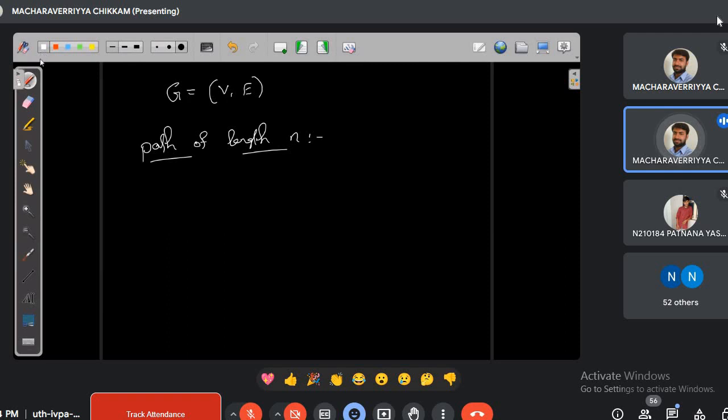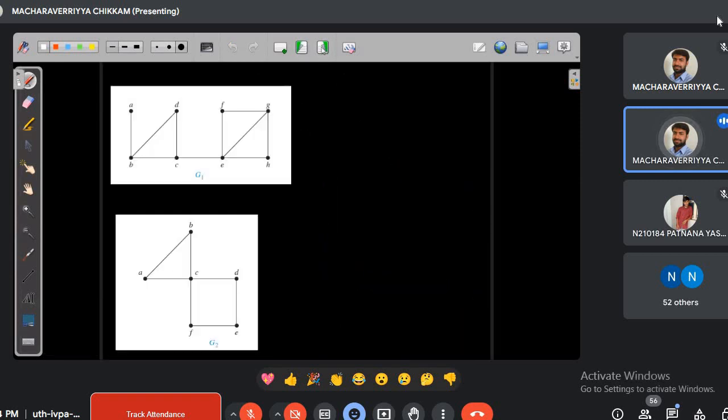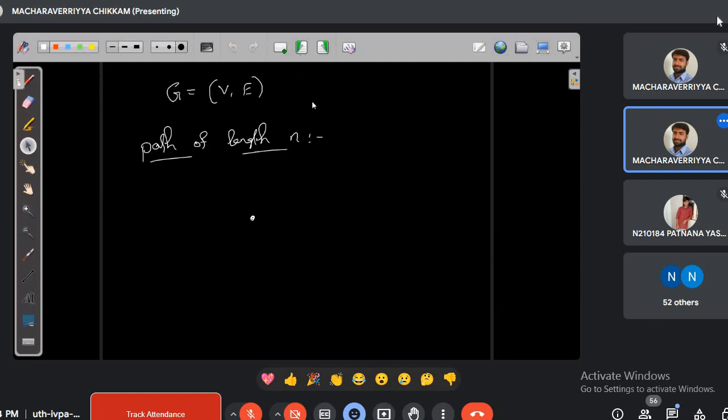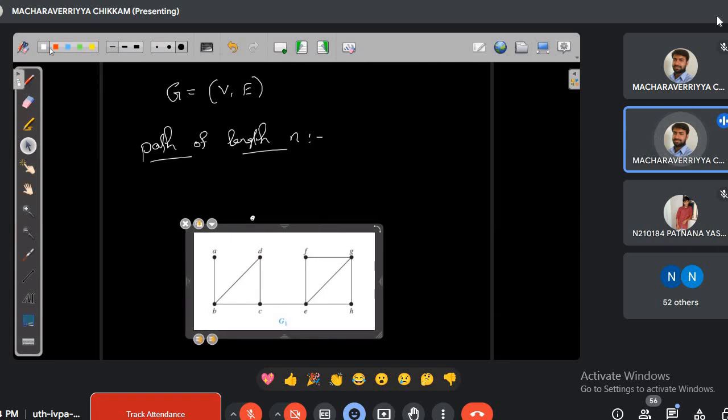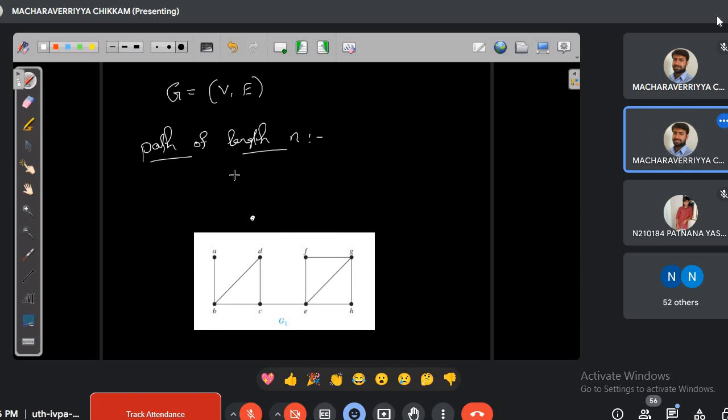So a path of length n is nothing but, let's say, okay, it's better to take a graph to explain this. So let me take this graph. So we are talking about undirected graph first. We can define a path of length n in directed graph and also in undirected graph. Okay, first let me talk about undirected graph.